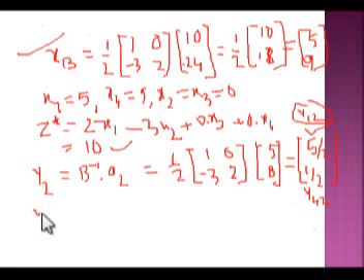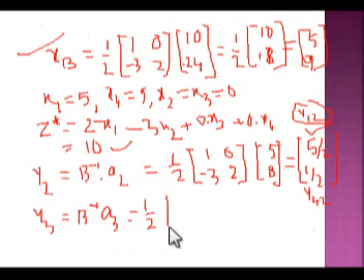And what will y3 be? y3 will again be B inverse e3. If we put in these values, it will be 1 by 2, 1, 0, minus 3, 2, and the a3 vector I am again writing here, minus 1, 0.